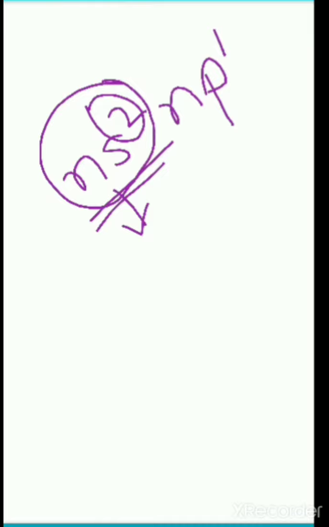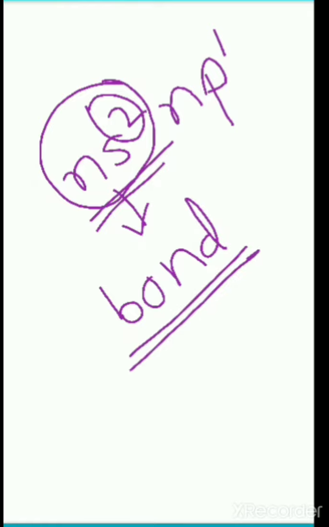That means they don't undergo bond formation or covalent bond formation, or they have reluctance to form compounds. They remain inert.